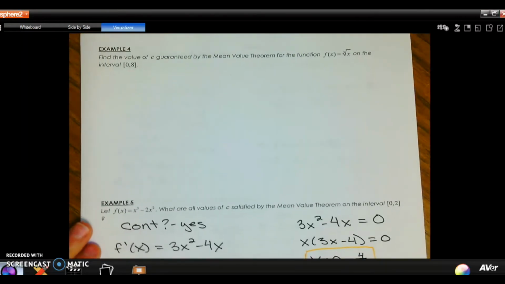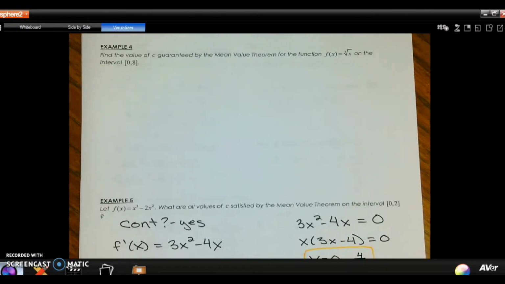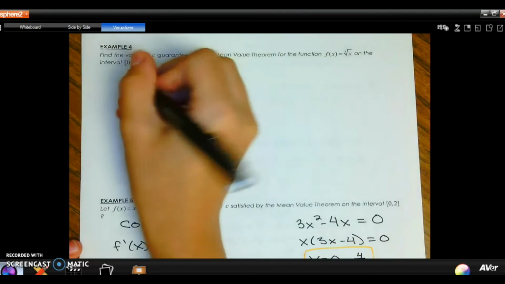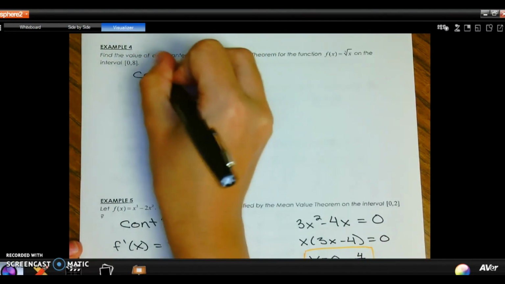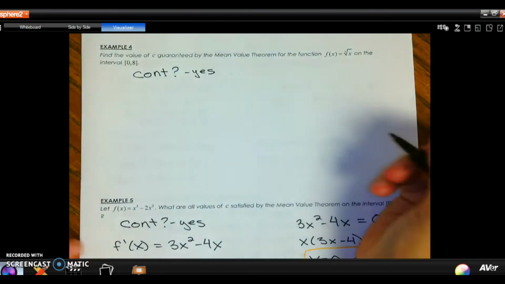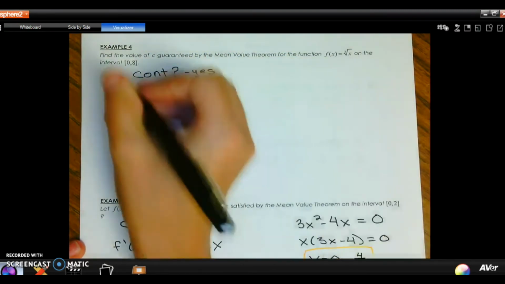An example of that would be up here. Find the value of C guaranteed by the mean value theorem for the function y equals cube root of x on the interval 0 to 8. We know that cube root of x is continuous, so I always make a comment on the continuity: continuous, yes. Then I'm going to take the derivative.